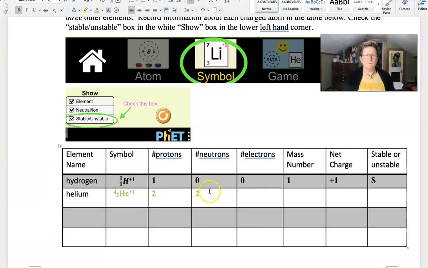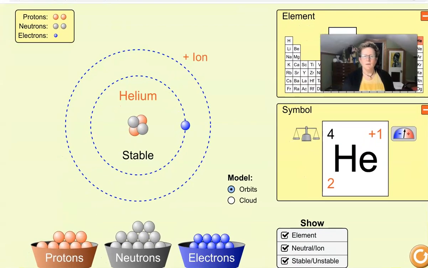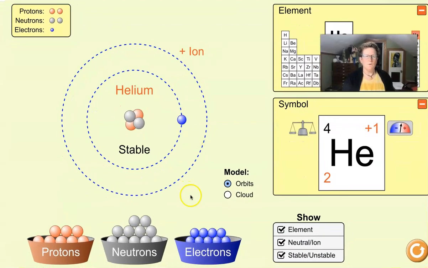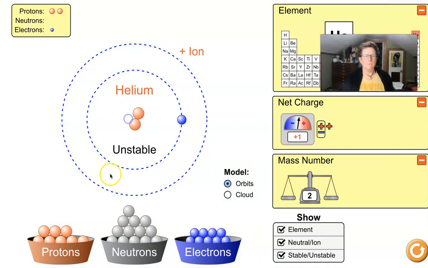Number of electrons, we just put in 1. We know that because we have 2 protons, we still have +1 charge. So we know that we only have an electron. If you're missing that idea, we can go over here to atoms, and we can build this same atom. We can build helium again.